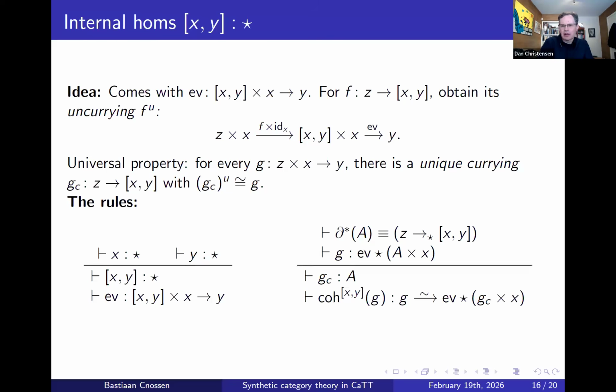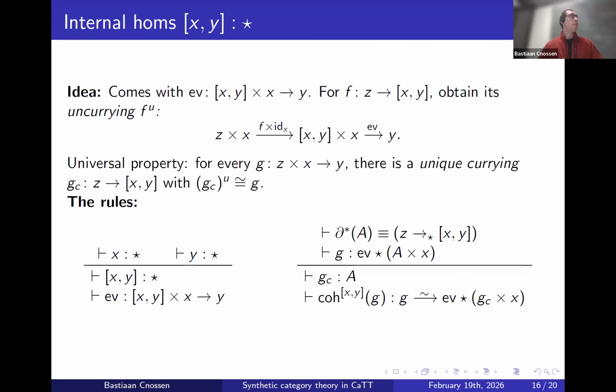You had already defined what unique means, but you don't have a way to use that definition here. And it feels to me what you're unable to do is form the type of G sub C's that satisfy a condition. The condition G sub C to the U is isomorphic to G. If you could internally make that type, then you could just say it has a unique inhabitant and be done.